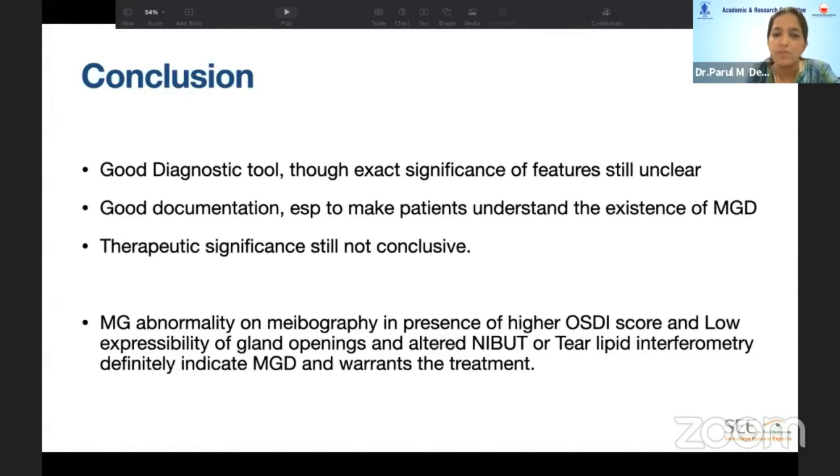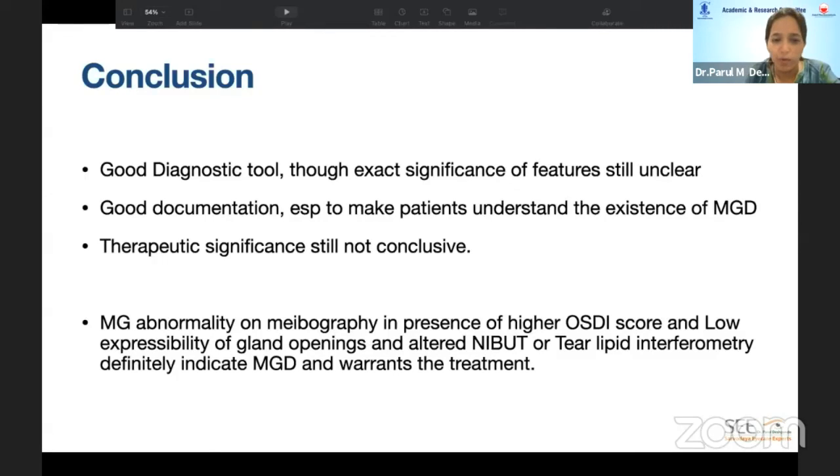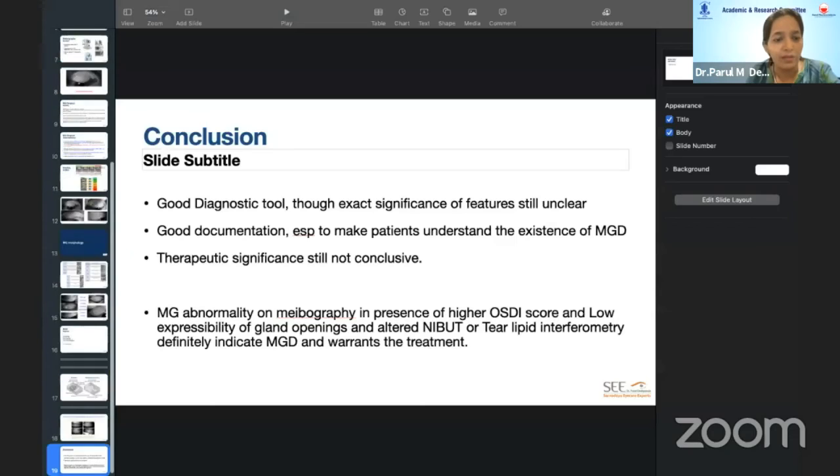Its therapeutic significance is not conclusive, and meibomian gland abnormality on meibography in the presence of a higher OSDI score, low or altered expression of the gland, low NIBUT, and low lipid layer can help us diagnose a meibomian gland disease and would indicate the treatment.